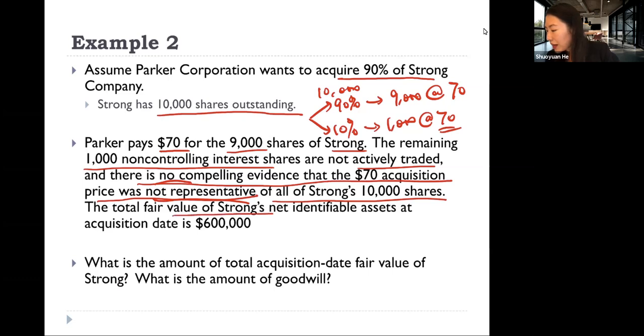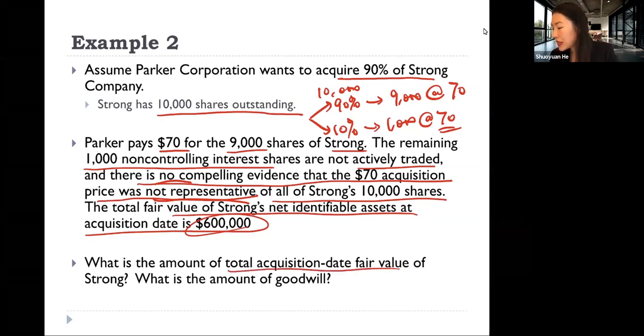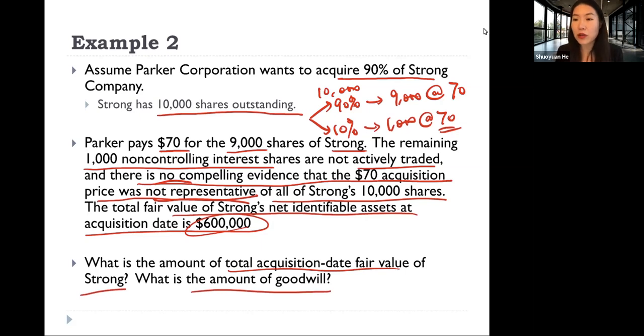And then the total value of Strong's net identifiable asset is 600,000. And we ask the same question here: what is the amount of total acquisition date fair value of Strong, and what is the amount of goodwill?